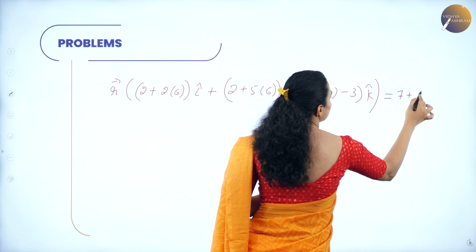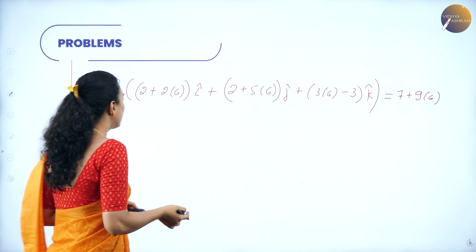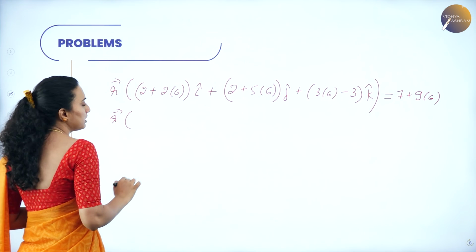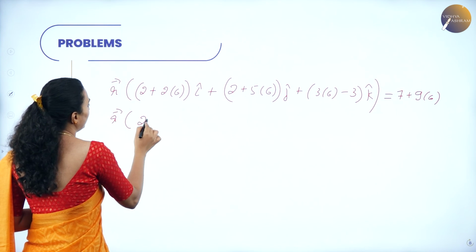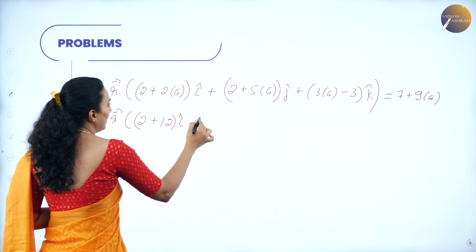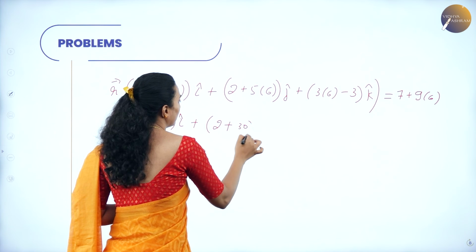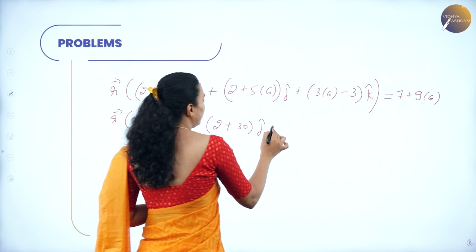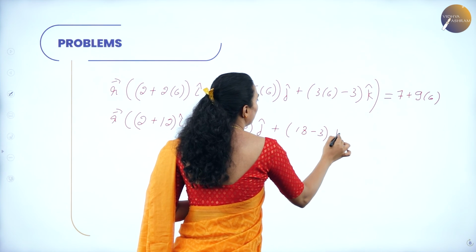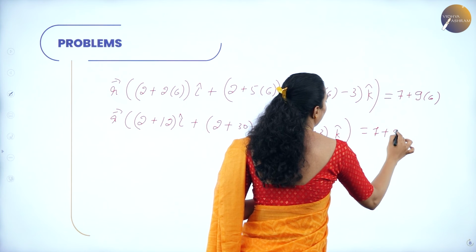So 7 plus 9 into 6. Let me write down first, afterwards only let me add. R vector into (2 plus 2 sixes are 12) i, so plus (2 plus 5 sixes are 30) j, again plus (6 threes are 18 minus 3) into k, equal to 7 plus 9 sixes are 54.